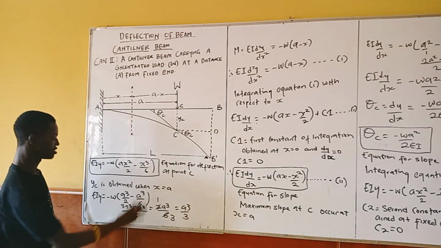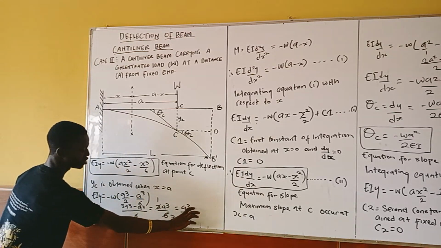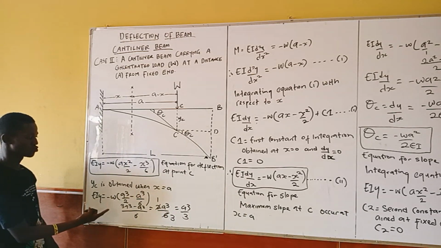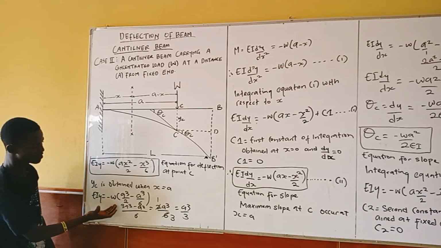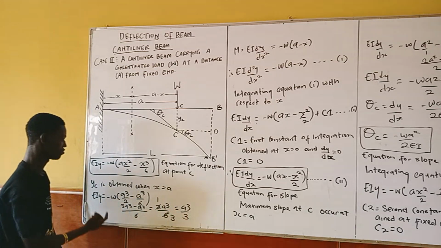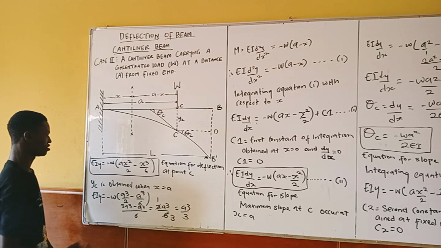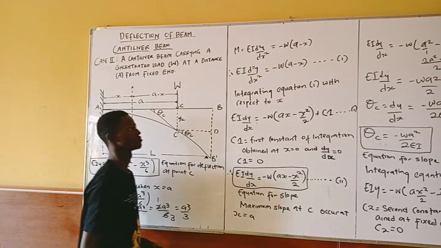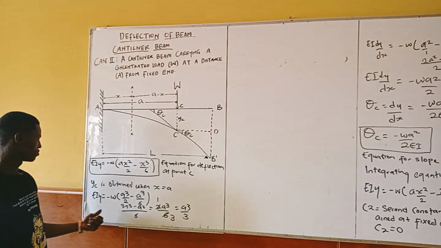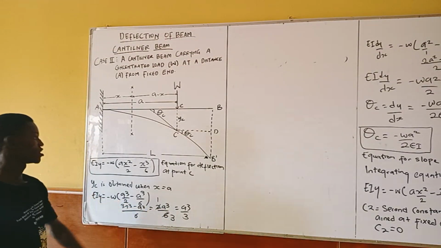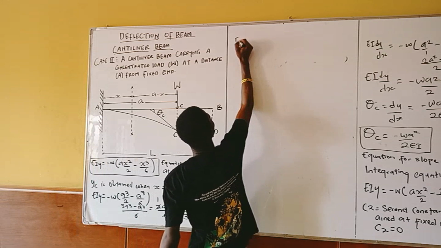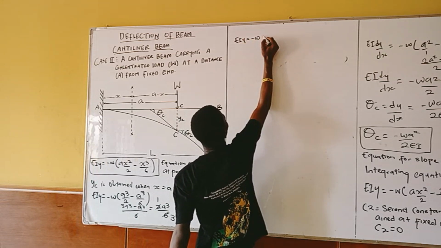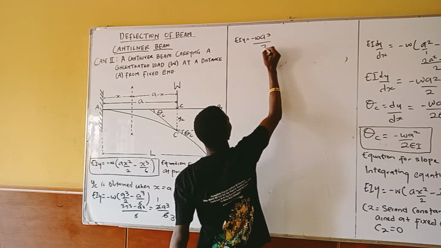Don't forget that it is this bracket that gives me A cube over 3, but I still have my negative W here. So my negative W times A cube over 3 is going to give me EIY equals negative W multiplied by A cube over 3.